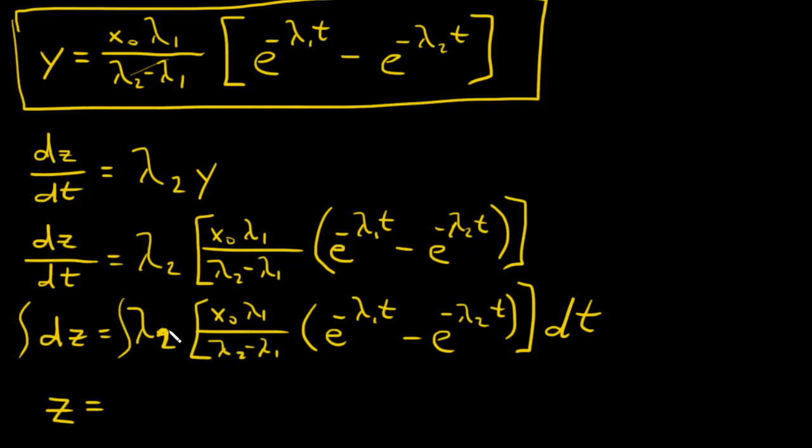So this can be taken out of the integral, and I can do these integrals because these are just simple exponentials. So I'm going to go ahead and distribute this lambda 2 in for this term. So this is going to be x naught lambda 1 lambda 2 over lambda 2 minus lambda 1.